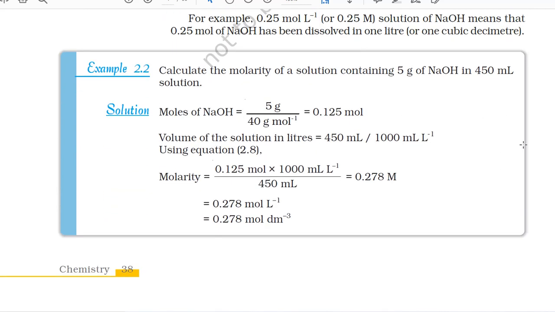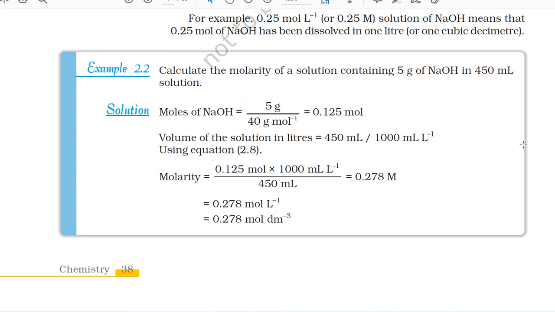Example 2.2. Calculate the molarity of a solution containing 5 gram of NaOH in 450 ml solution. Solution: moles of NaOH equals 5 gram upon 40 gram per mole, which is 0.125 mole. Volume of the solution in liters equals 450 ml per 1000 ml per liter.